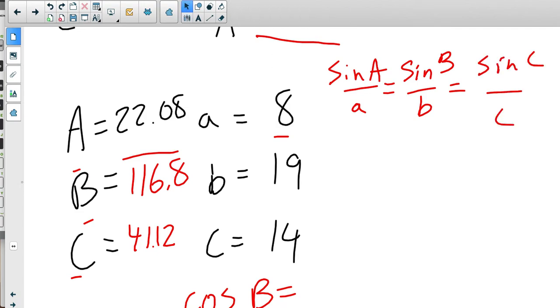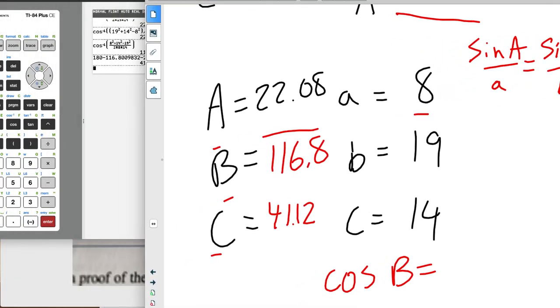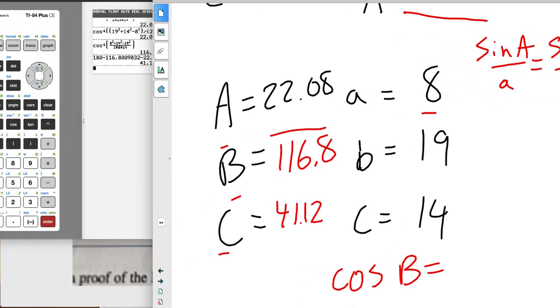So you can put that all in your calculator. But a simple check also, this angle is the smallest angle. It should be opposite the smallest side. This is the biggest angle. It should be opposite the biggest side.